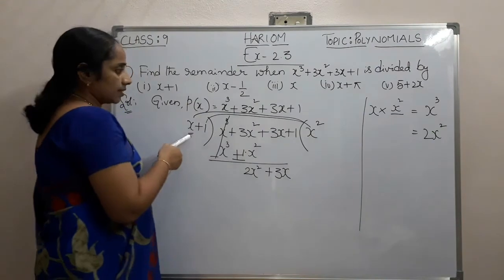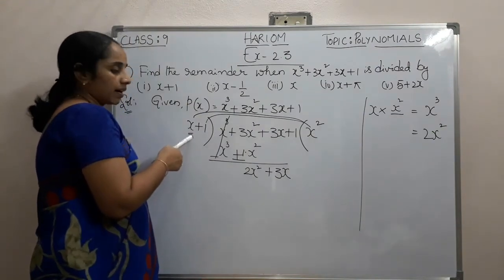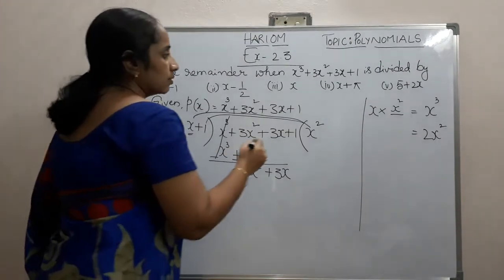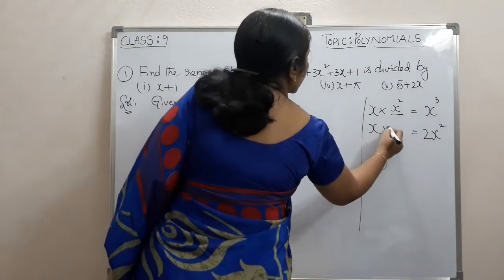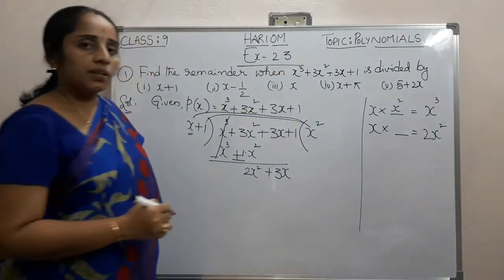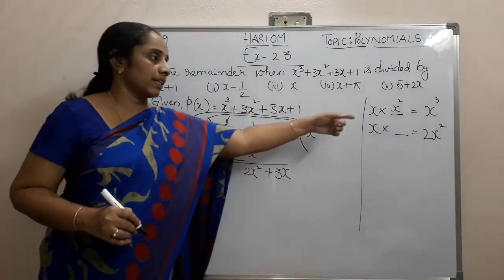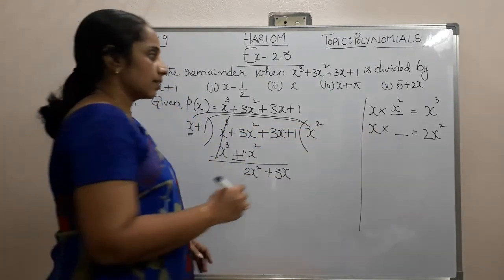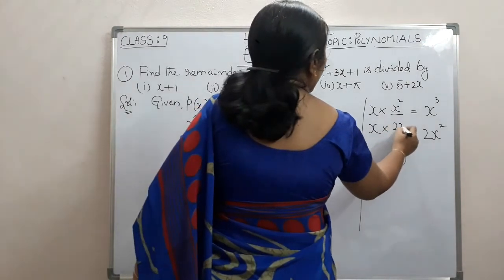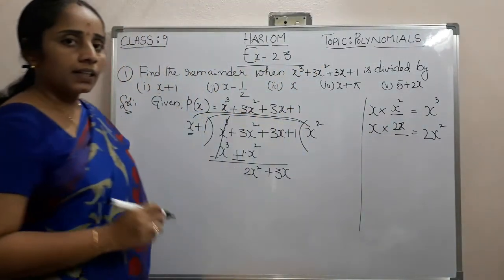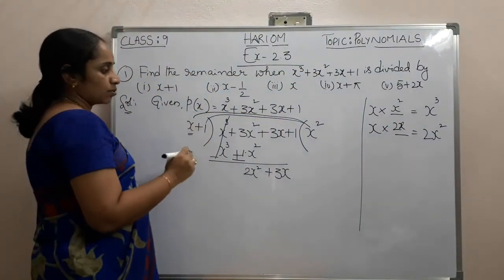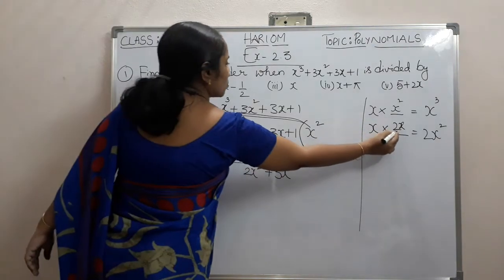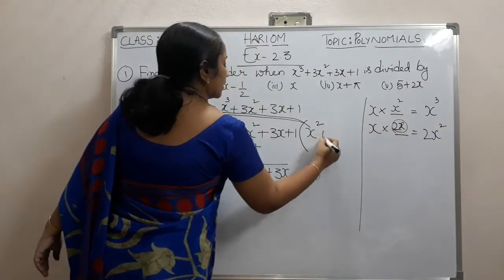Again, we have to get the result as 2x square, and in this linear polynomial we have x. So by which number do we have to multiply to get 2x square? It is 2x. x into 2x is 2x square. Write this 2x here.